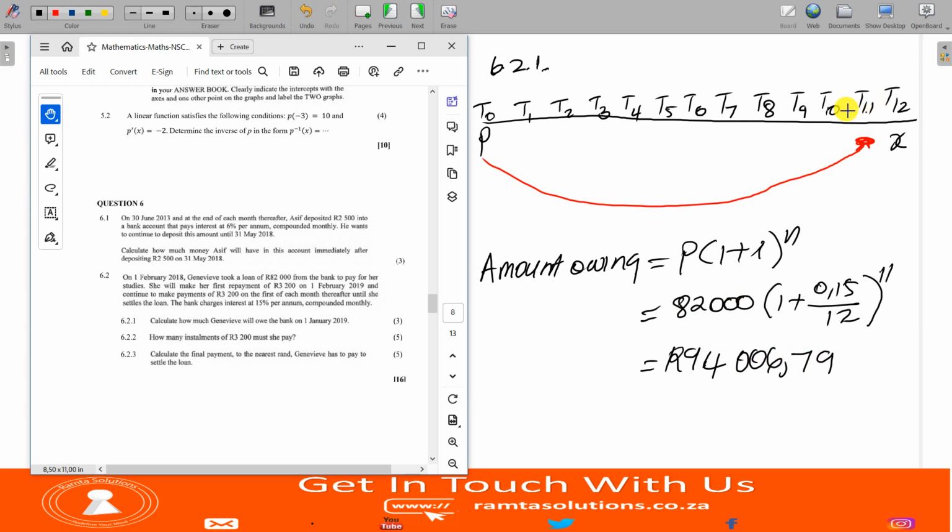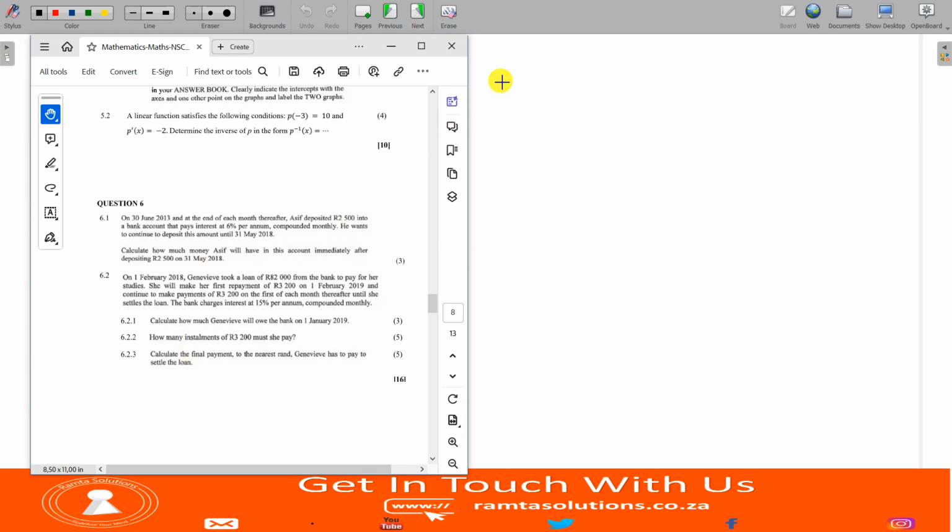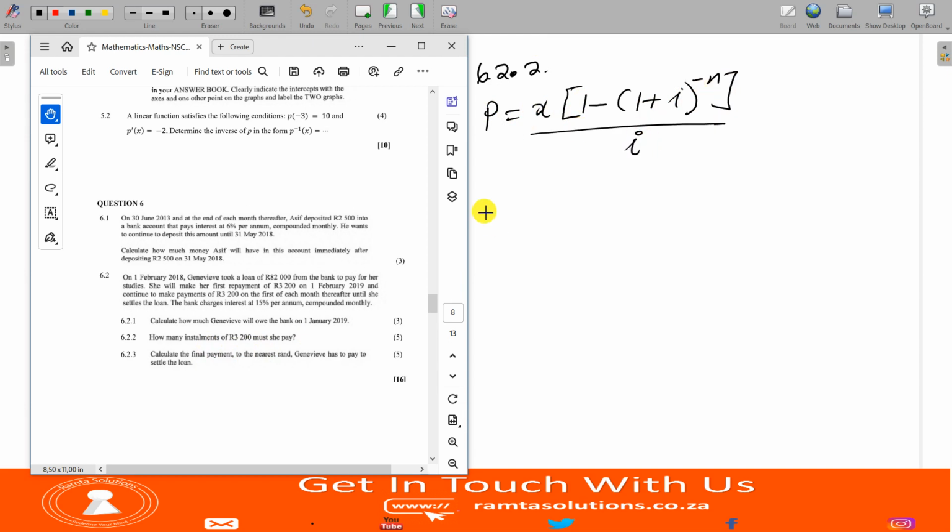Okay, cool. Proceeding. So now 6.2.2 says, how many installments of 3,200 must she pay? This is interesting. I want you to highlight installments of 3,200. So we know the formula, P equals x into 1 minus 1 plus i to the power negative n, all over i. Okay, so what is the amount owing on the 11th month?